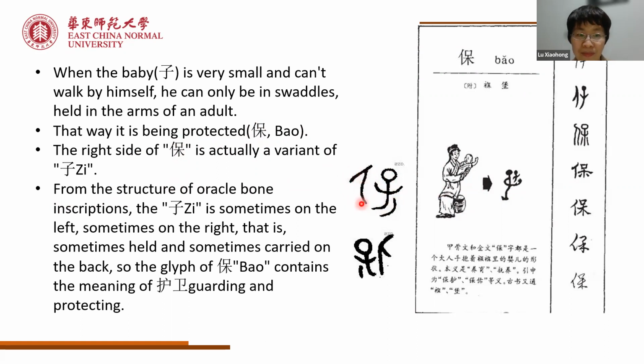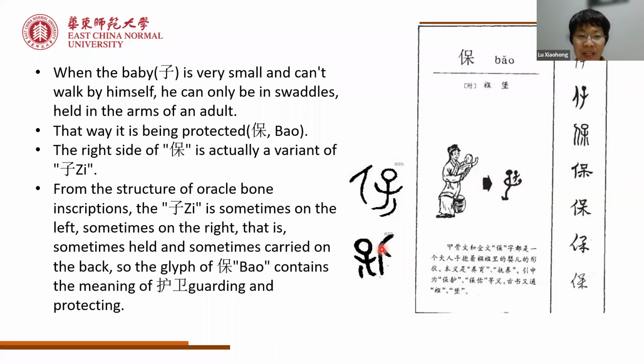That's a person. From the structure of the oracle bone inscription, the word 子 is sometimes on the left and sometimes on the right. You can see here the baby is on the right, and here the baby is on the left, and here is a person who is protecting this baby.